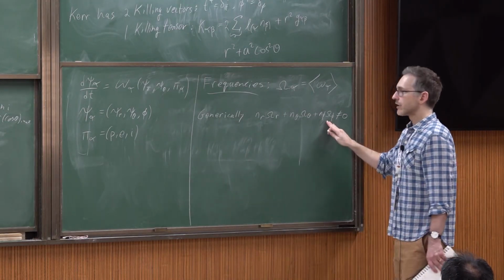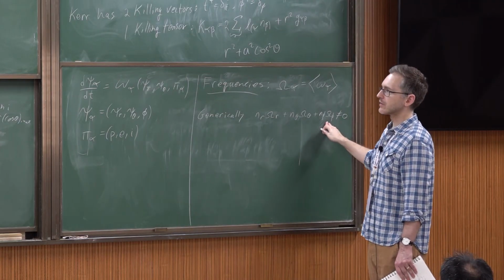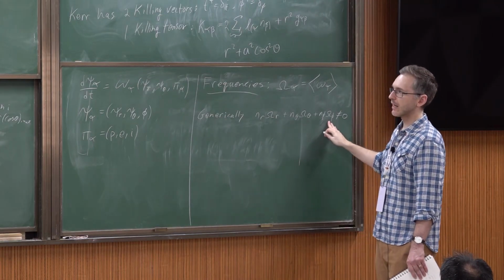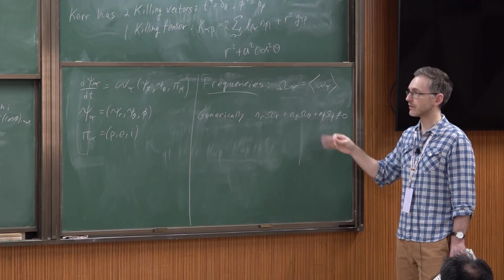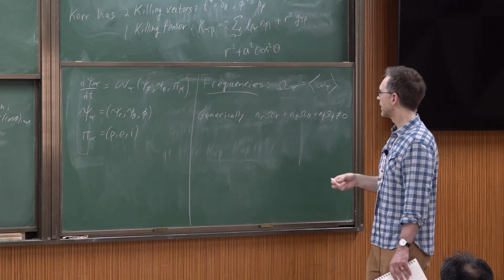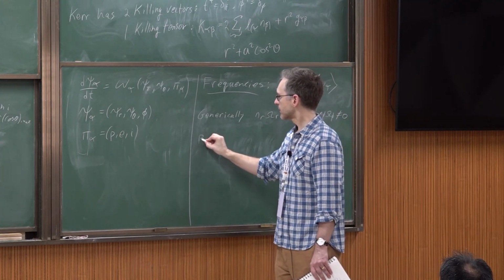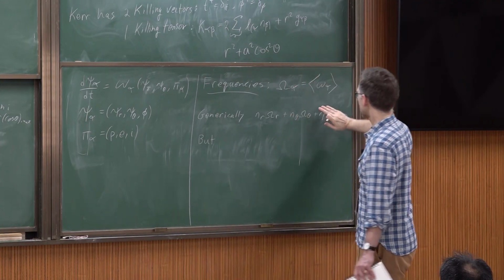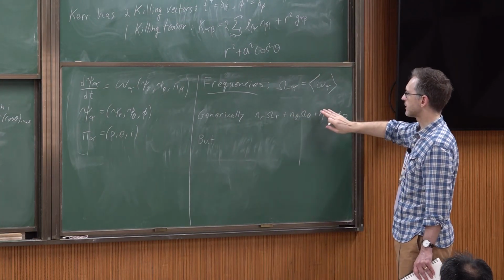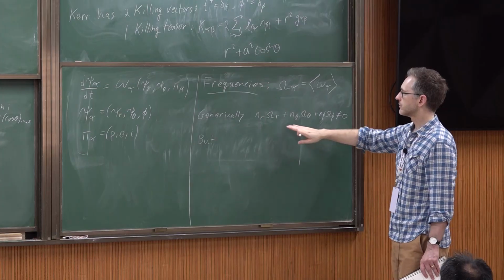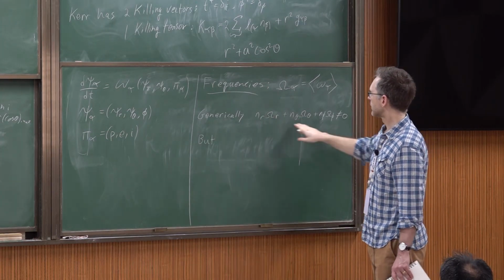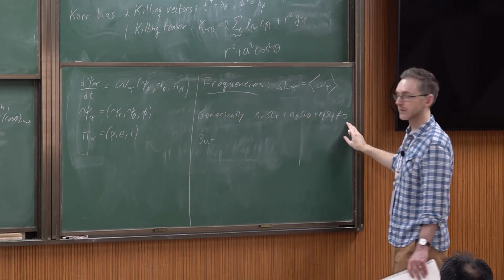Now the phi frequency isn't so important for the intrinsic dynamics because the intrinsic dynamics doesn't depend on phi. Phi factors out due to the axisymmetry. But if you ignore the phi here, just take n_φ to be 0, you do have very important things happening when the sum of these two gives us 0.